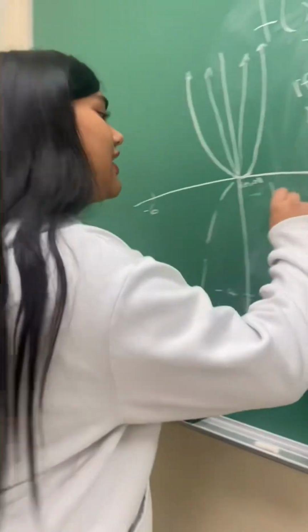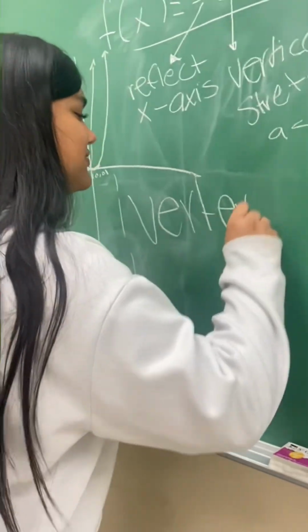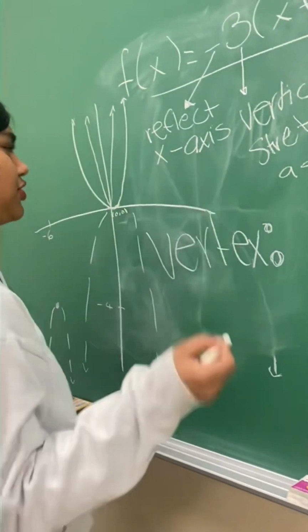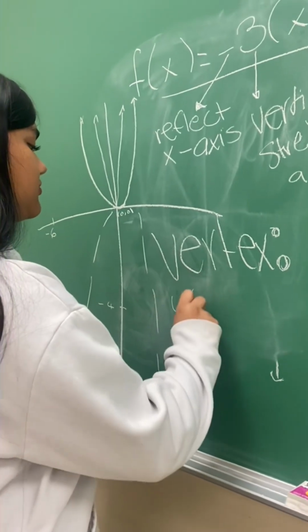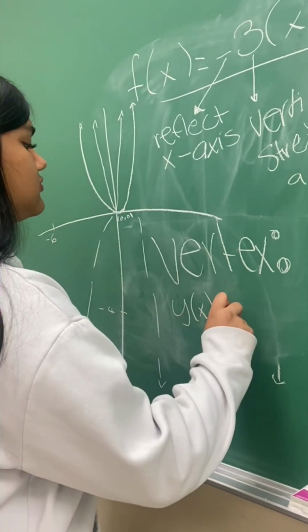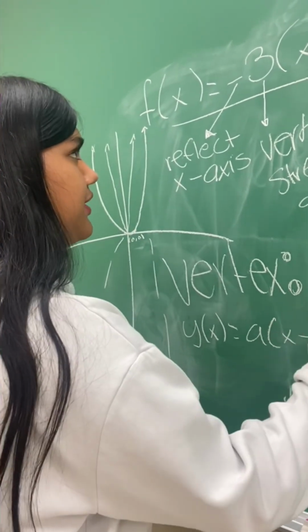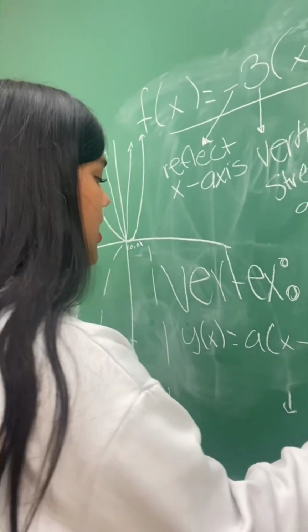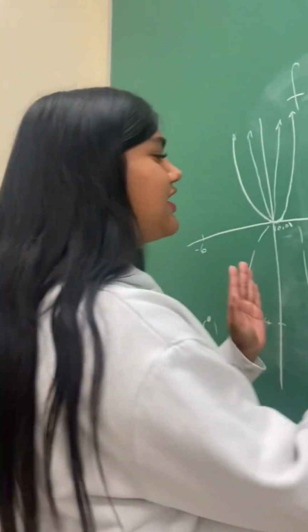So now we're going to find its vertex. The vertex form is y equals a(x minus h) squared plus k. This is the basic form of vertex form.